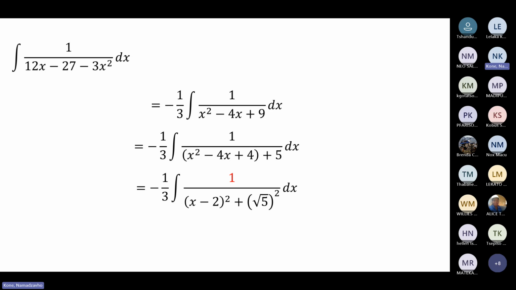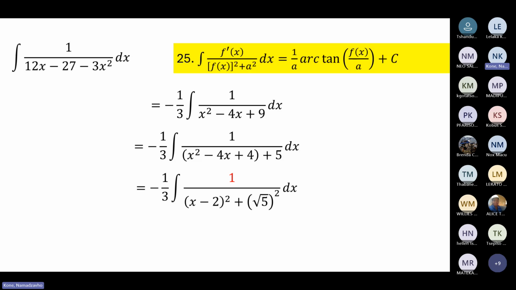Which rule is this one? It's 25. Yes. Let's see if we have checked the same rule.